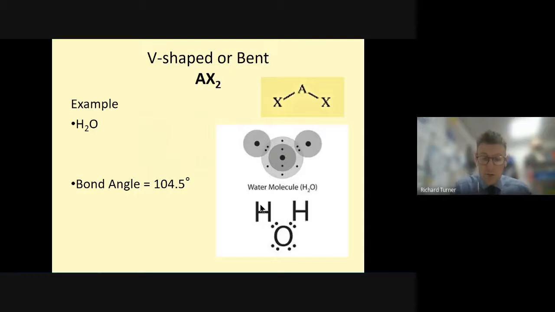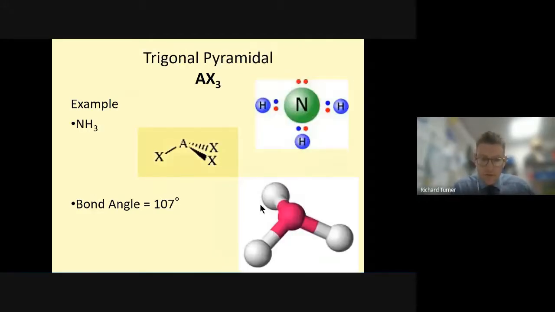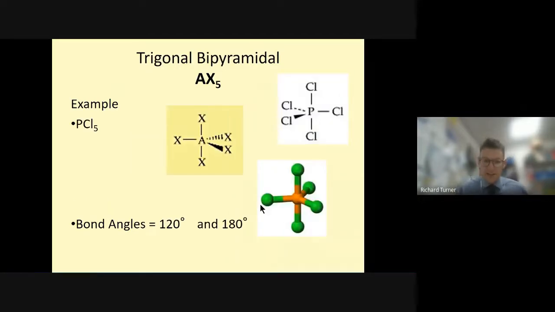Our water molecule, our special one. We know water is a fantastic, unusual molecule, absolutely fundamental for life, and when you do biology as well, you will see that. This unusual V-shaped or bent molecule. Trigonal bipyramidal, so it's not trigonal planar. We've got this fantastic molecule here.